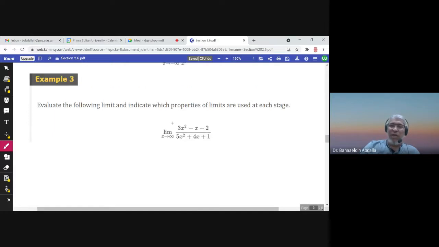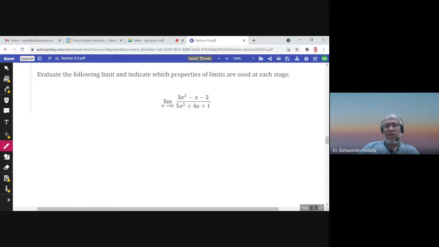Now let us learn how to evaluate limits at infinity. I'll give you an easy method to find this limit. Whenever you have limits as x approaches infinity, we deal with the highest power in the numerator and the highest power in the denominator immediately.